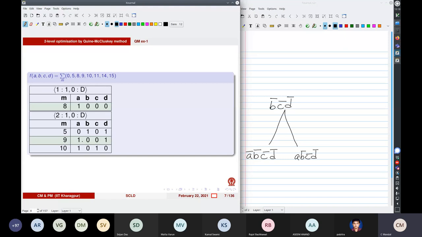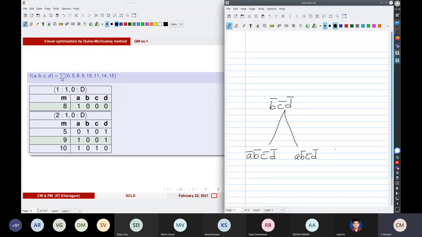So this one is A, B bar, C bar, D. And you can combine them, right? What cube will you get if you combine them? A, B bar, C bar. This is what you get when you combine these.